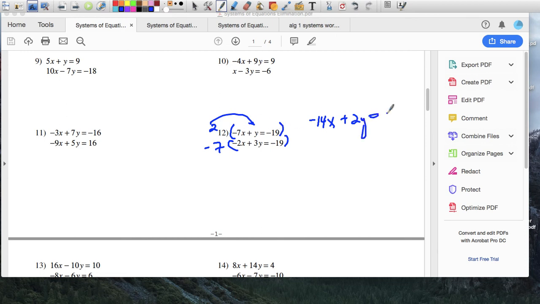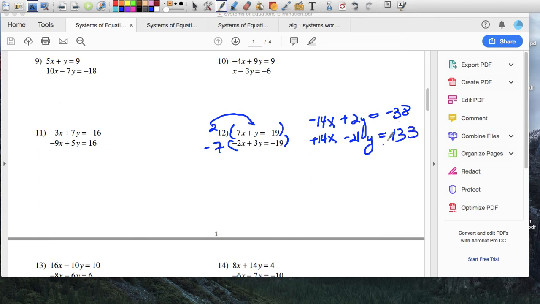And 2 times negative 19 is negative 38. At the bottom, it's negative 7, okay? And the reason I chose negative 7 is because negative 7 and negative 2x is going to give me positive 14x. And you can tell those two will be going out. Negative 7 and 3y is negative 21y. And negative 7 times negative 19 is going to be positive 133.